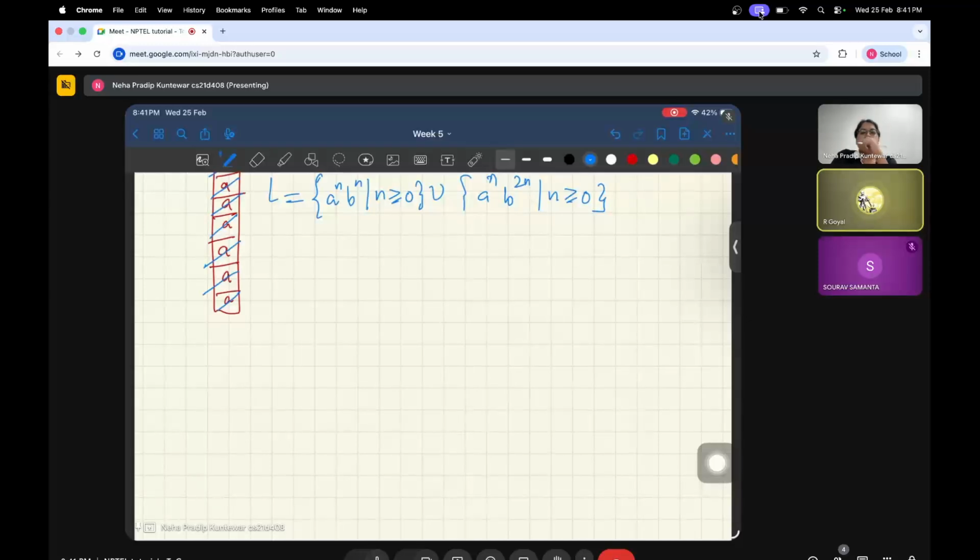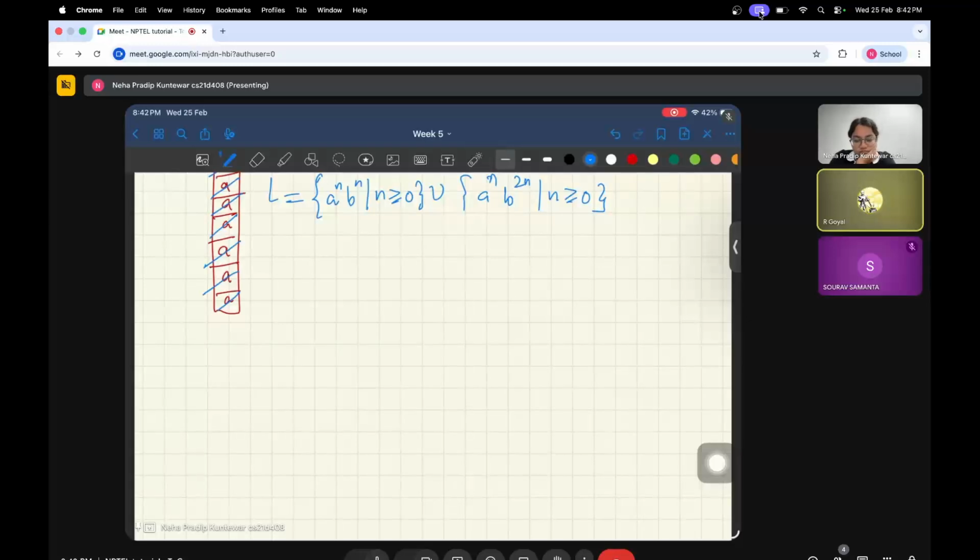Probably after reading the a's, I push all the a's into the stack. When I read the b's, I would have a choice either to pop an a off, or keep the a as it is and pop another a off in the next round. So I can use epsilon moves here, and by using epsilon moves I use some kind of non-determinism. Yes, an NPDA can be made.